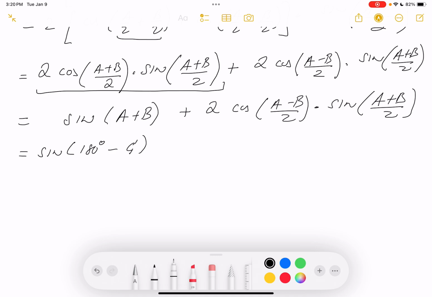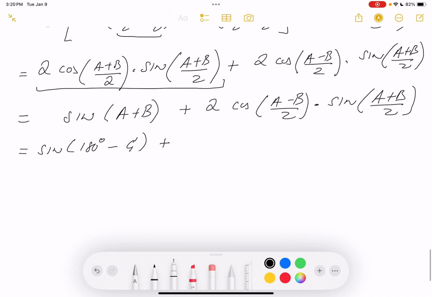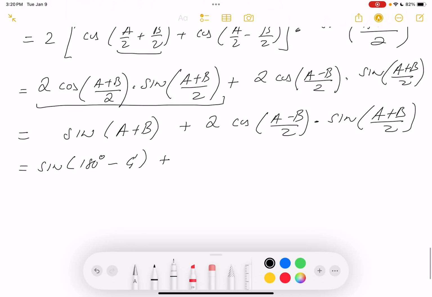A plus B plus C is 180. So A plus B would be 180 minus C. All right, this is plus. We'll get to that in a moment. And I think I've seen this one before too. And what do you get over here? 2 cosine A minus B over 2 sine of A plus B over 2.